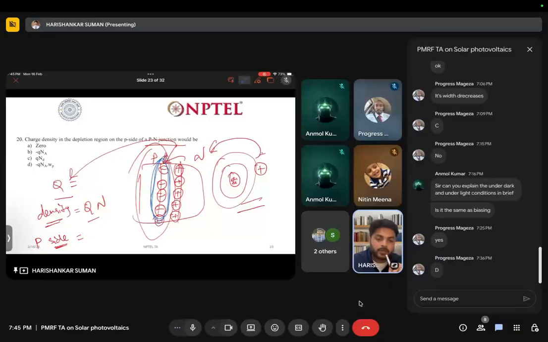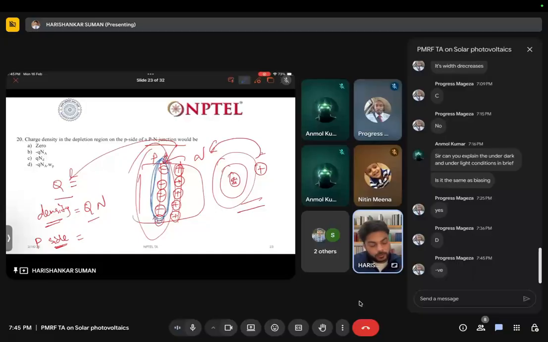Negative or positive? P side. Negative, thank you. As you can see in the picture, I have already written negative.